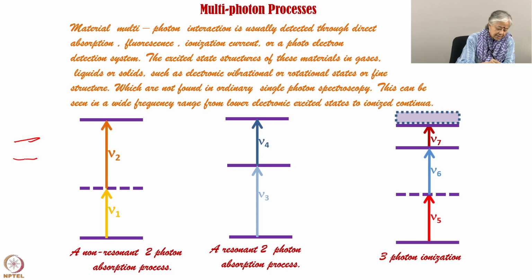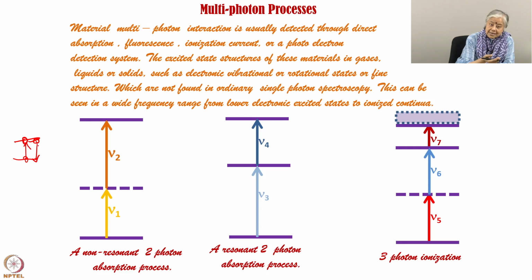He will put in light and he will see something from some molecule from here to here, or some atom has gone from here to here, and immediately he is able to detect this kind of absorption. Or there could be an emission from this top level to the bottom level, and the spectroscopist will record this emission.